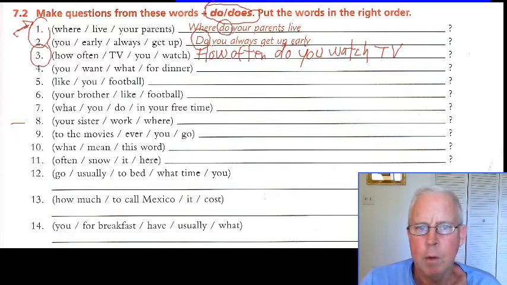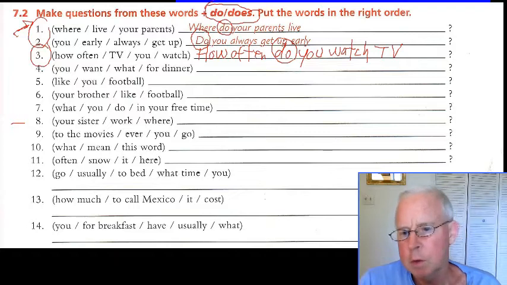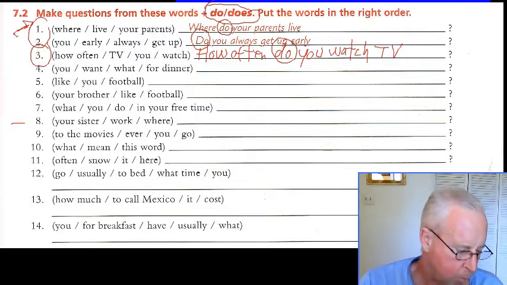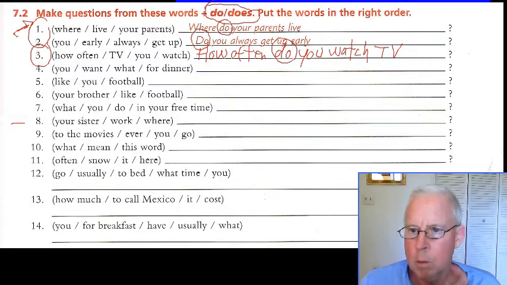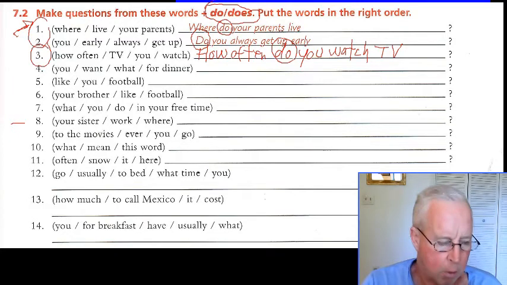So let's read that again. How often do, here's the helper, do you watch TV? How often do you watch TV? Once a week, once a month, once a year, never, all the time.